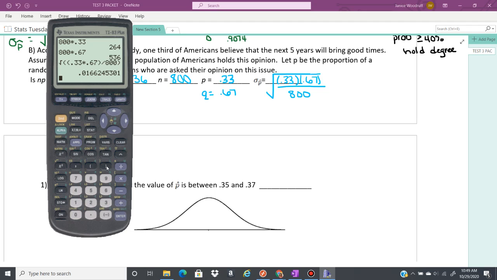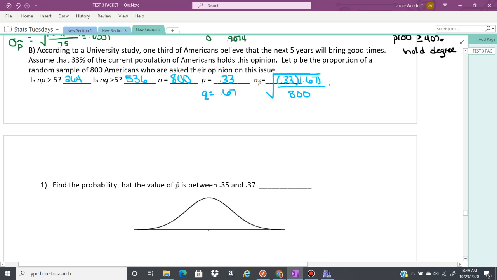And I'm going to get 0.0166. Okay, so the standard deviation of p-hat is 0.0166. We have our p is 0.33, and I think we've pulled out all of the information of this part of the problem that we can.